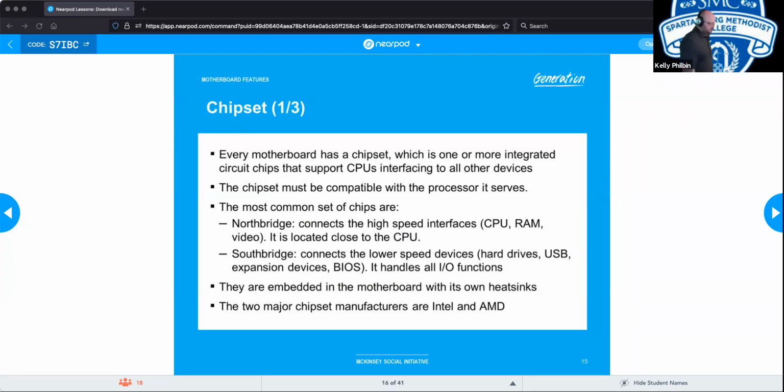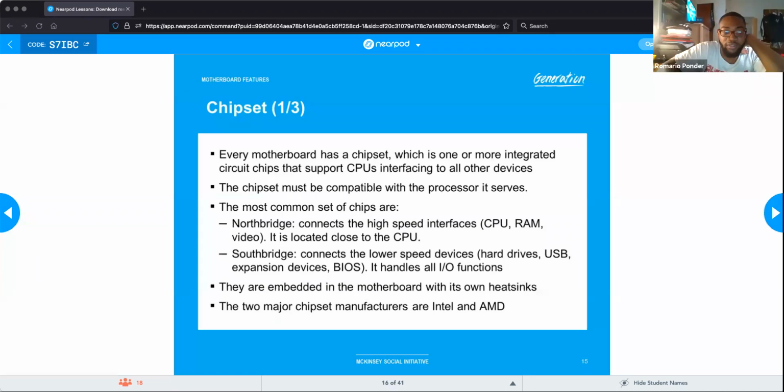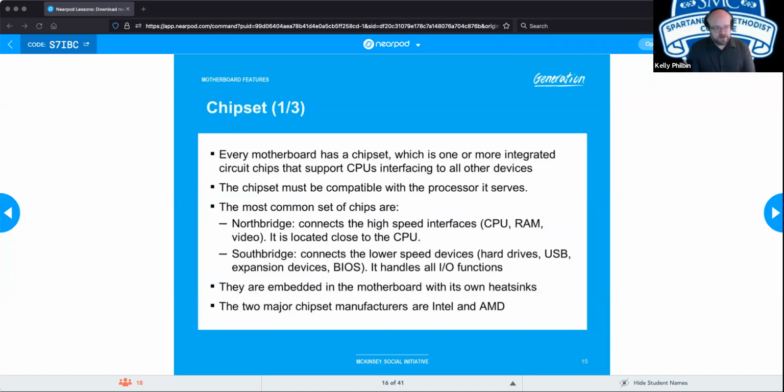We haven't heard from you today. Isn't it like the second highest? I think y'all said something about geographically it's the second highest on the motherboard. Getting close, getting close. Romario? Isn't the North Bridge closer to the CPU? Very good. It is close to the CPU, but how would we identify it?